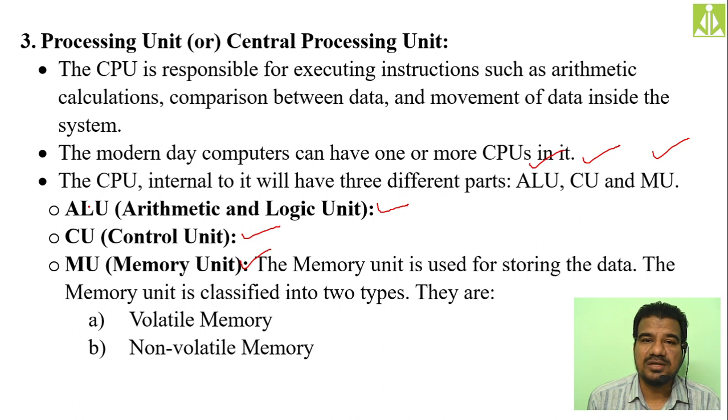Next, the memory unit. It is the storage area where you can store the data or information, whatever it is. The memory unit is used for storing the data. The memory unit is classified into two types. This is the classification. It is of two kinds. The first one is volatile memory. The second one is non-volatile memory.